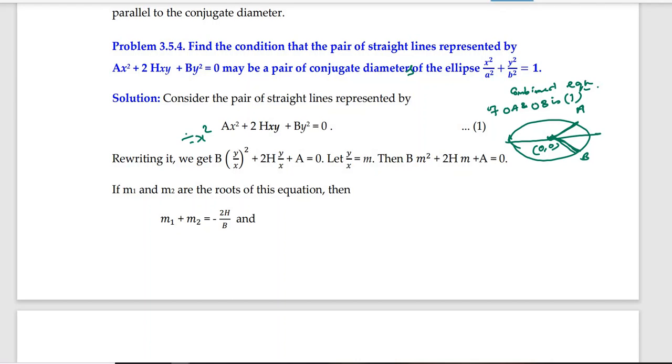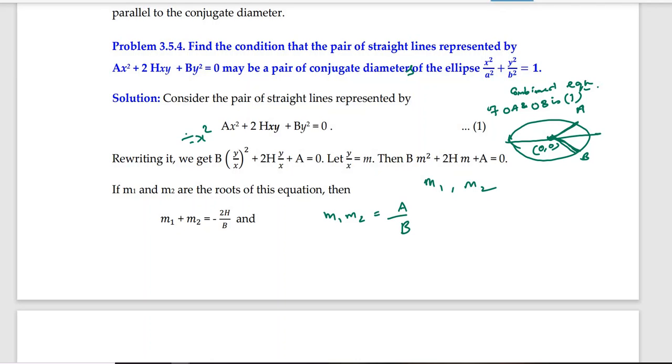Now we will replace our y by x by m, so that this will become bm square plus 2hm plus a equal to 0. And being quadratic in m, it will have two roots, say m1 and m2. Now given quadratic equation, we know to find the sum of the roots and product of the roots. So sum of the roots is minus 2h by b, and product of the roots we have as a by b.